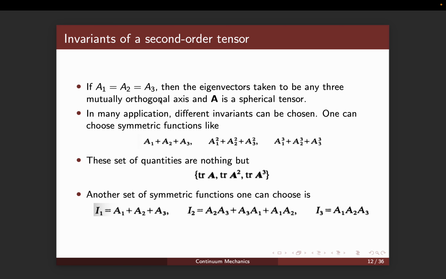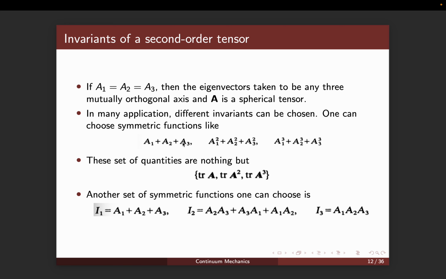So in many applications, different invariants can be chosen rather than the eigenvalues only. One can choose symmetric functions like the sum of the eigenvalues, the sum of the squares of the eigenvalues, and the sum of the third powers of the eigenvalues.